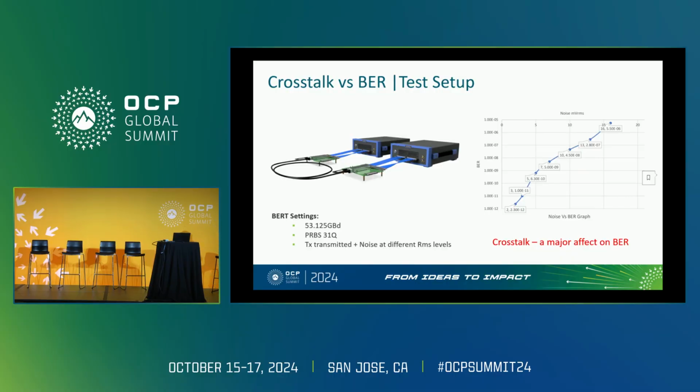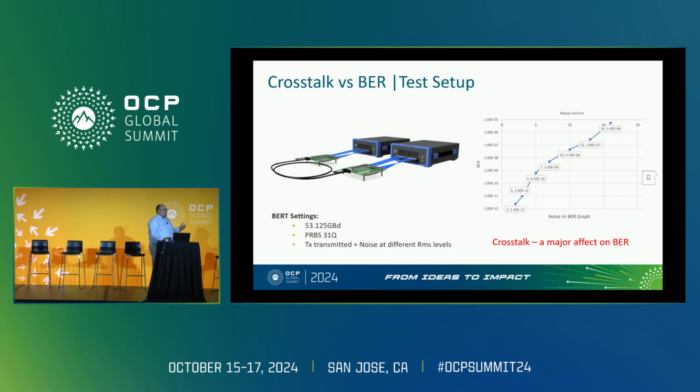And we added some crosstalk into a cable assembly. And what we found is the more you increase your crosstalk, the higher the bit error rate goes. And it's pretty significant. It's not going from e to the minus 12 to e to the minus 11 and stopping. No, it gets pretty high. So we think that crosstalk is a major effect on bit error rate.